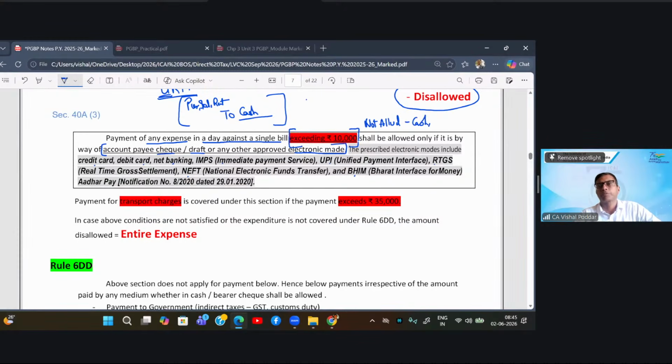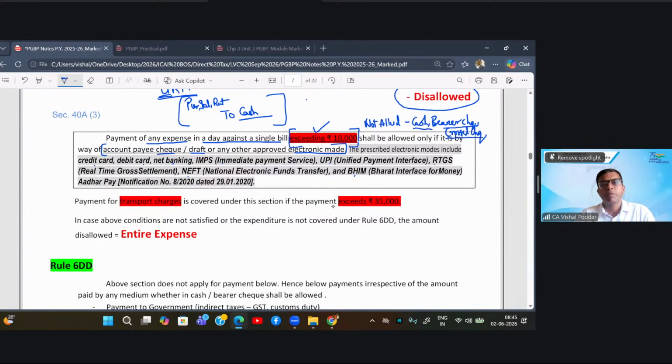Payment in cash, payment by bearer cheque, or even payment by crossed cheque. If the amount is exceeding 10,000, then please ensure that the payment is not in one of these three mediums.